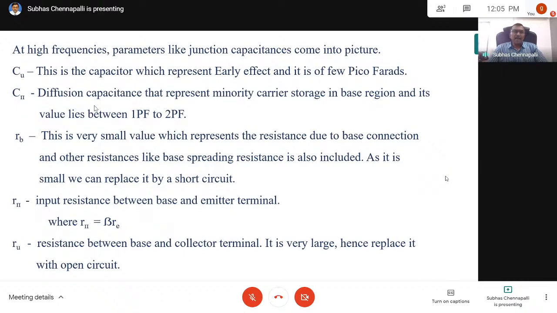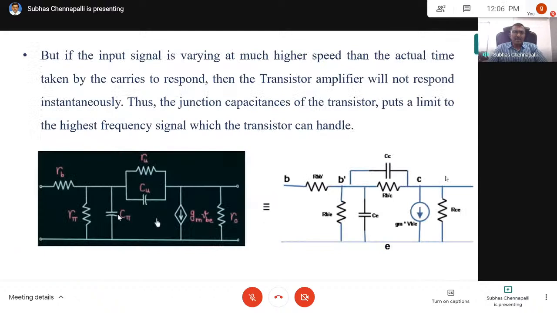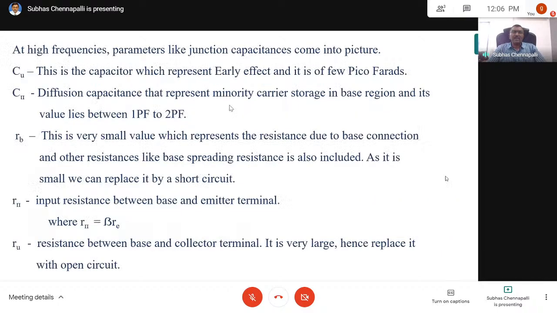Then C pi is this one. For GATE, you are supposed to remember the formula, or derive it. If you remember those formulas, it will do. So C pi is the diffusion capacitance that represents minority carrier storage in the base region. Its value lies between 1 picofarad.